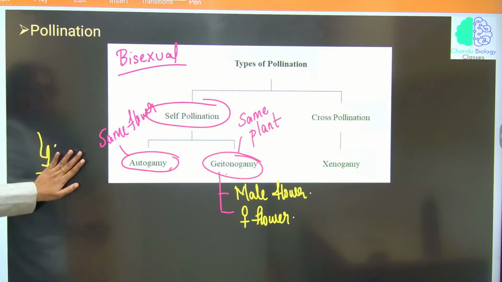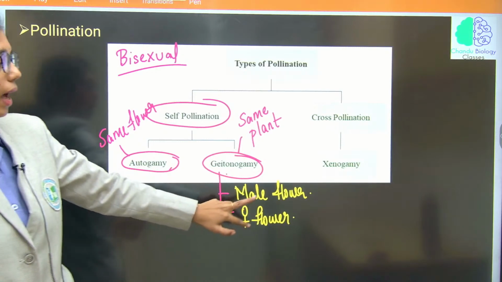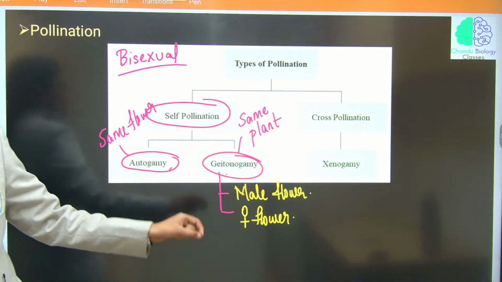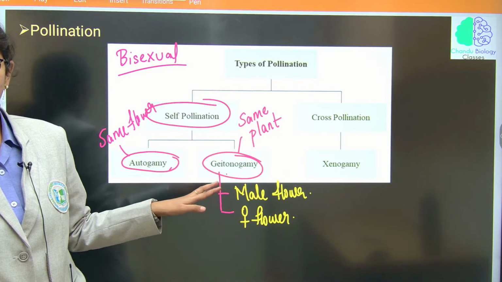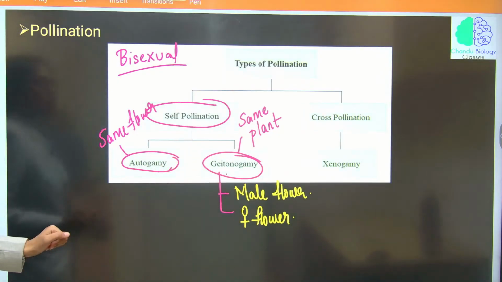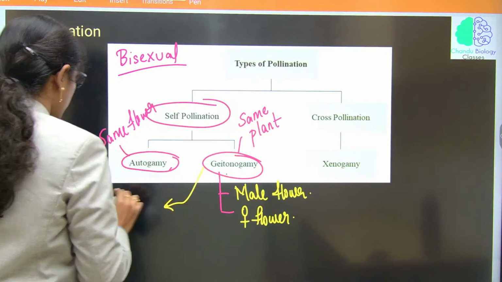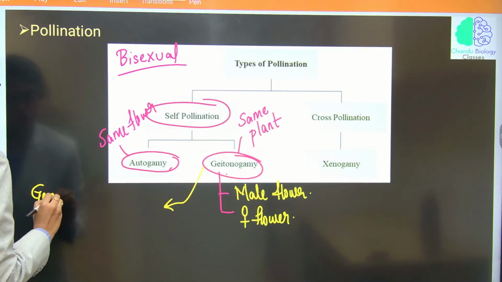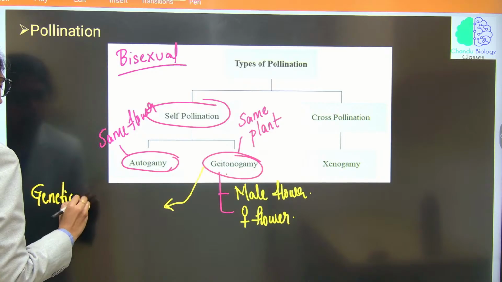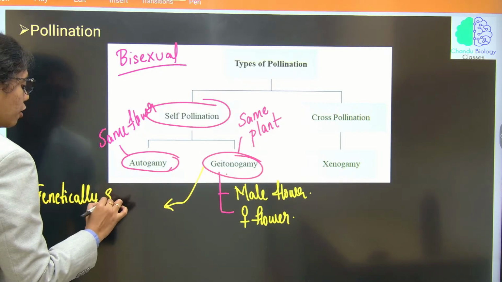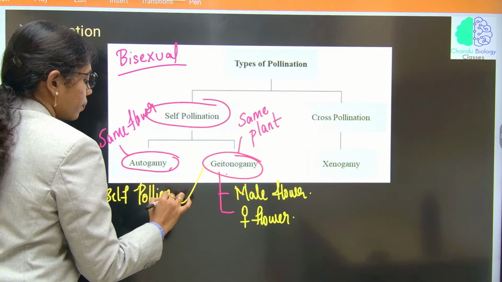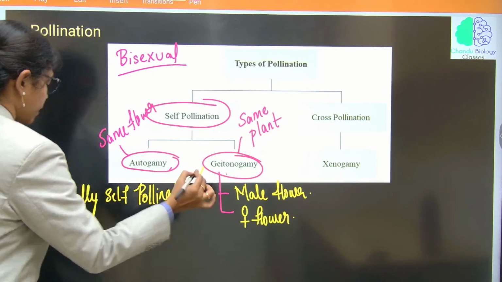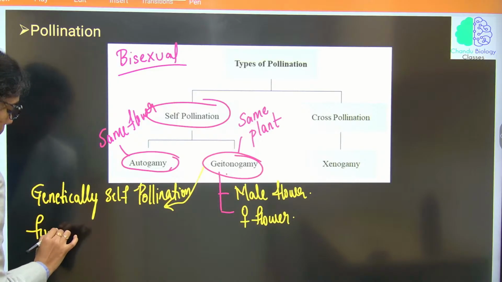So here flowers of the same plant pollinate. Geitonogamy is genetically self-pollination only, but functionally it is cross-pollination.